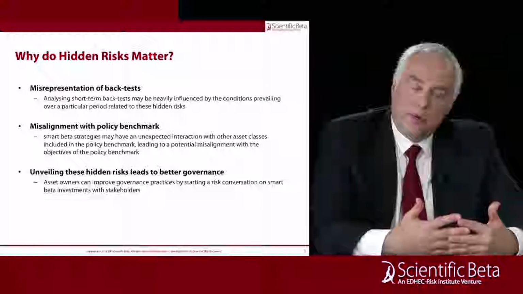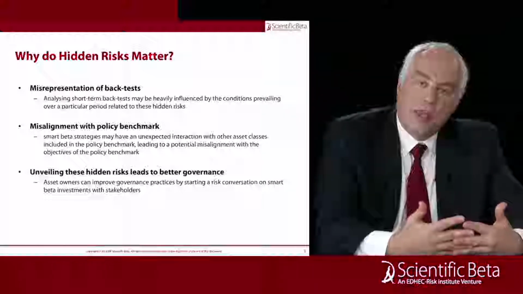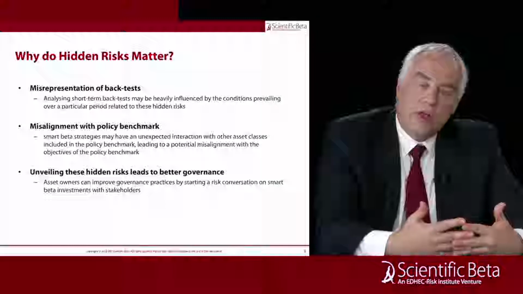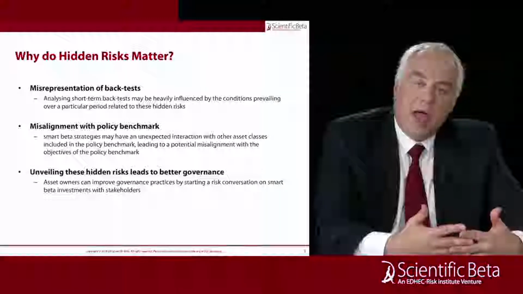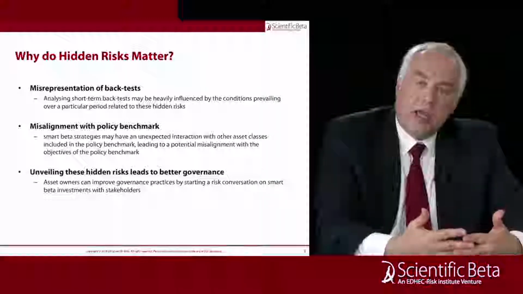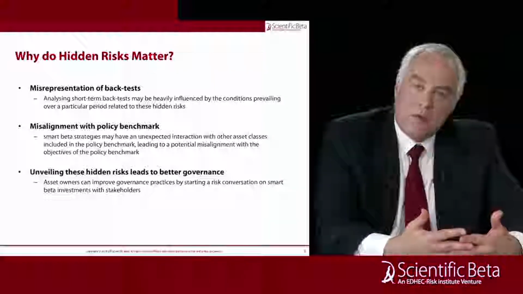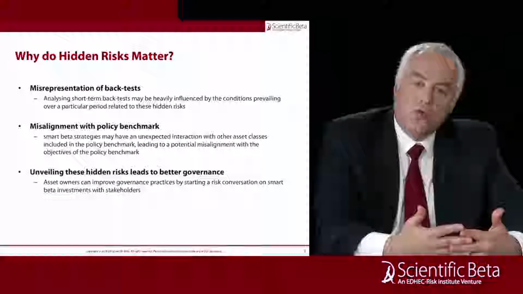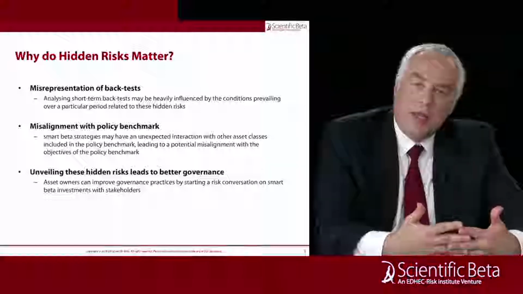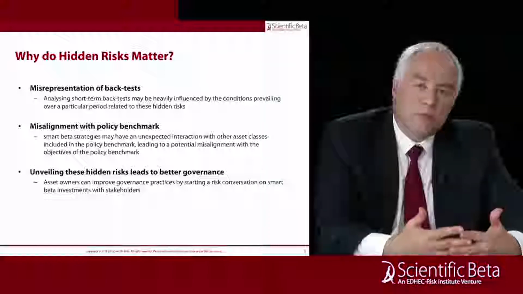So it is very important that the asset owner understands what these risks are. Understanding risks and being able to communicate on those risks with stakeholders leads to better governance practices.